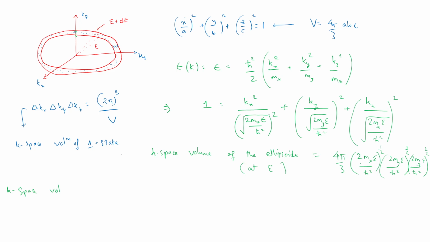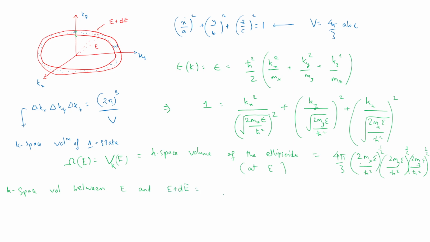So I will write it as the volume in k space at energy E. I'll write omega, where omega is the k space volume between E and E plus dE.